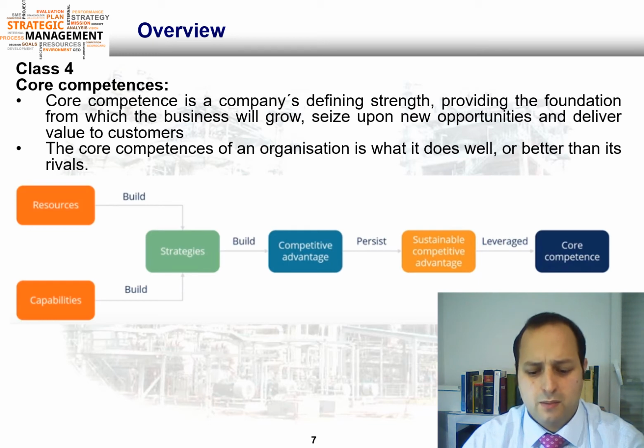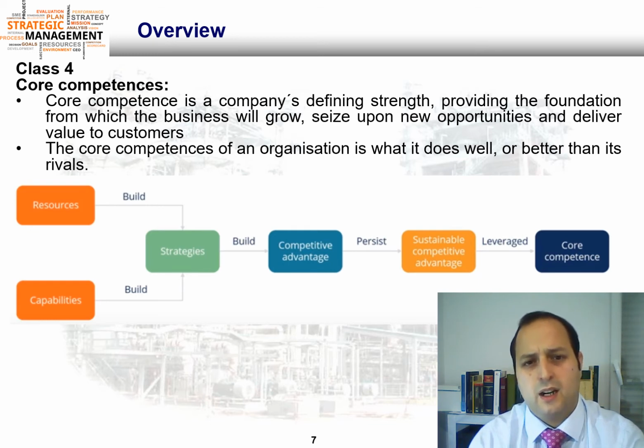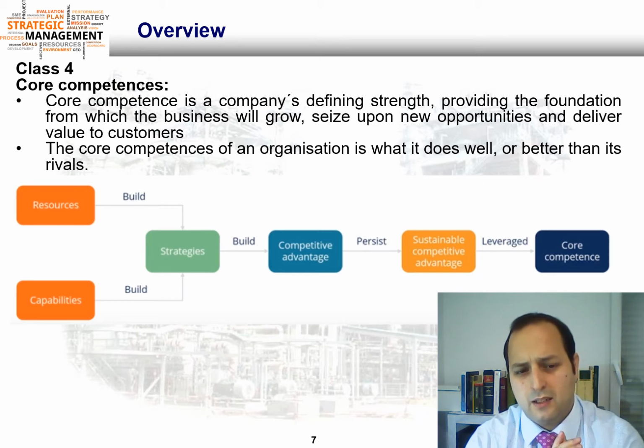If you remember, we explained the process through this image, starting with strategic capabilities. This is the resources and competences of one concrete company. We can design a strategy, and if this strategy is well executed, of course, we are going to achieve a competitive advantage. But it's not enough having a competitive advantage because our rivals are going to copy it immediately.